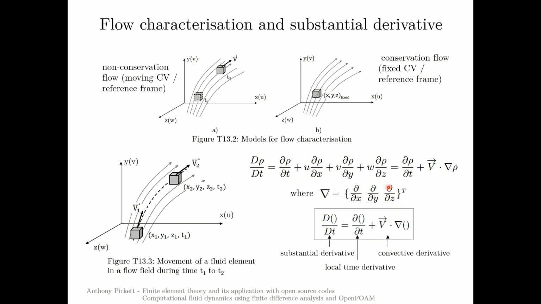You would simply replace this term with the property you're interested in, so pressure, for example, would also apply. This is called the substantial derivative operator, and in the general form you can see here, we would put in density or temperature or whatever in these locations.